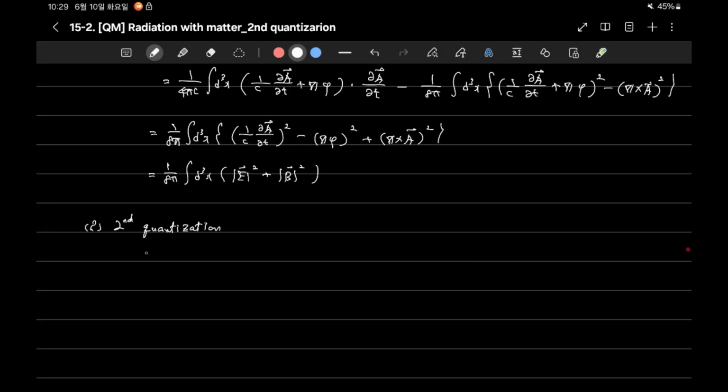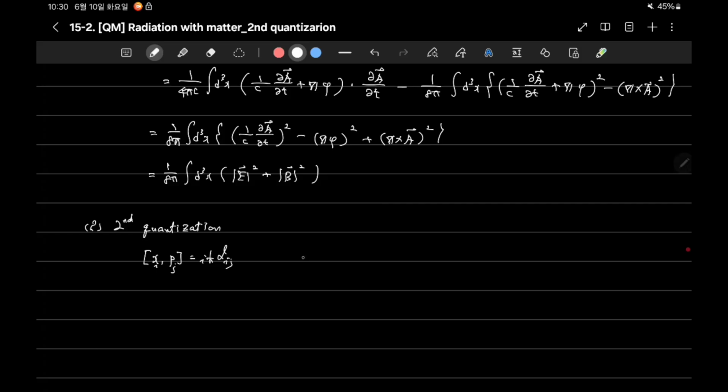Here the commutation relation of x and p is i h bar delta ij. That is the classical quantum mechanical commutation relation. That is the basic idea from quantum mechanics.